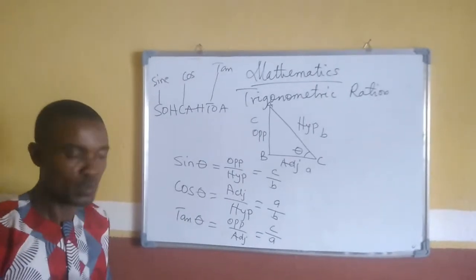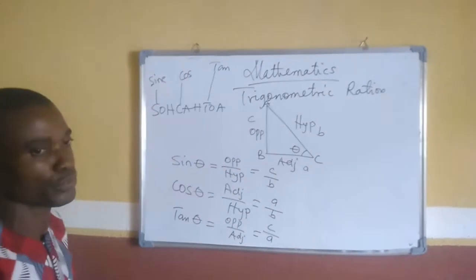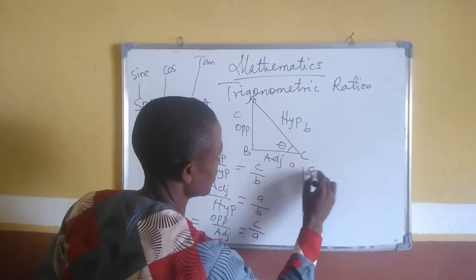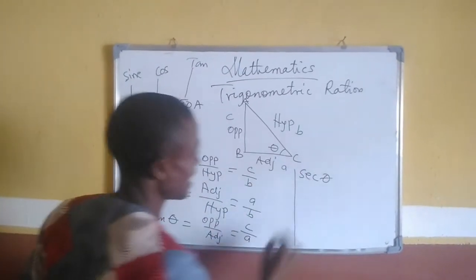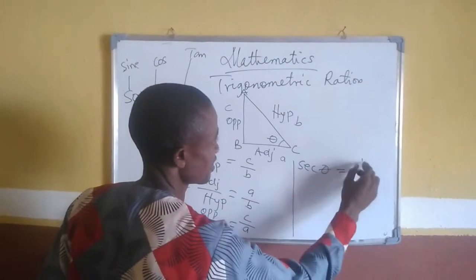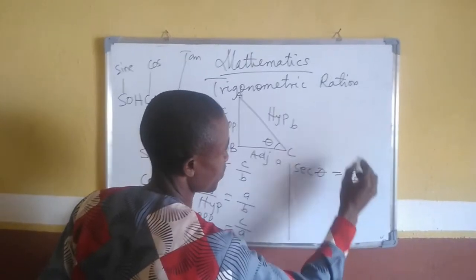Apart from this, we still have other ratios, like sec theta, that is secant theta. And what is secant theta? Secant theta is inverse of cos theta.